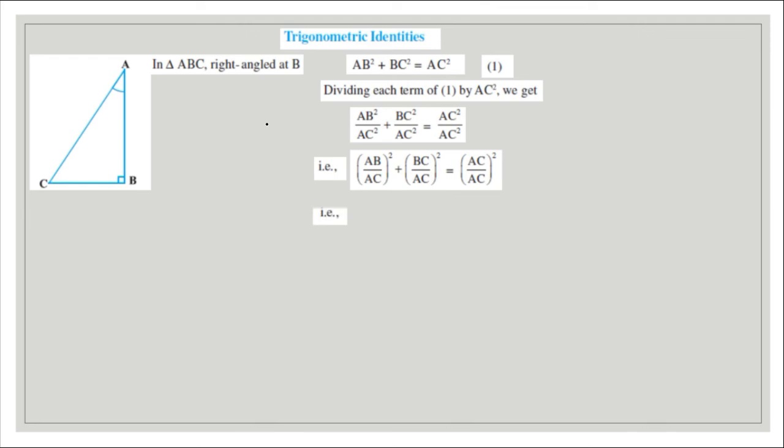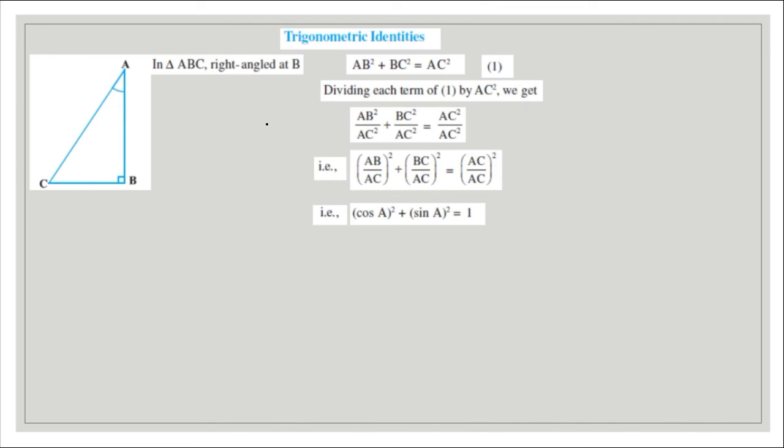AB by AC is nothing but cos of angle A. AB is the adjacent side, AC is the hypotenuse. Same way, BC is the opposite side with respect to angle A and AC is the hypotenuse. So cos A whole square plus sin A whole square, we get as 1.